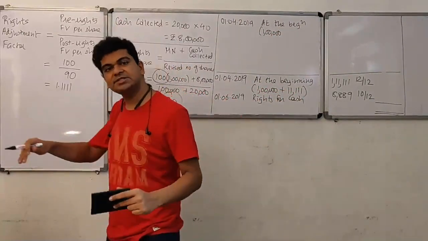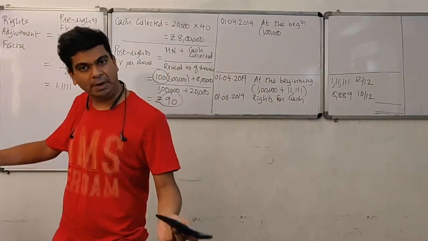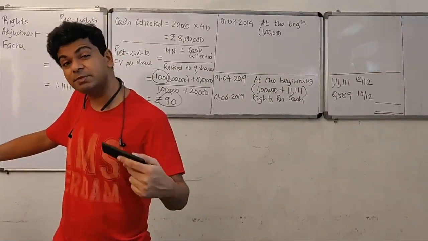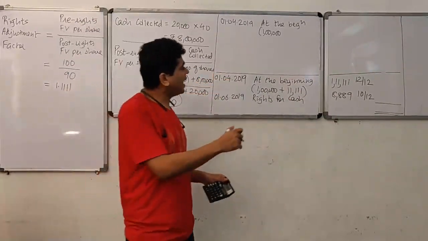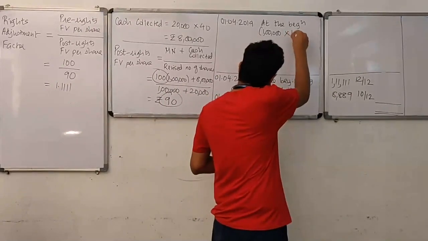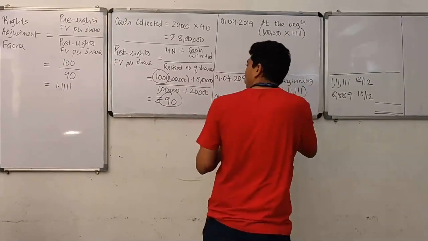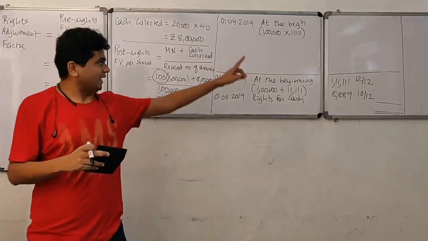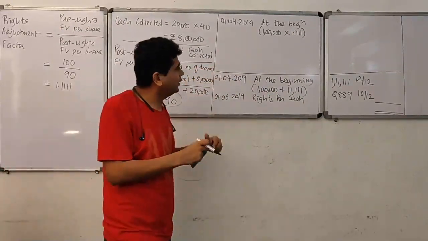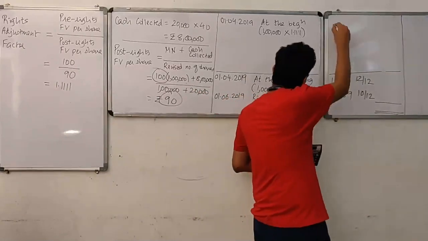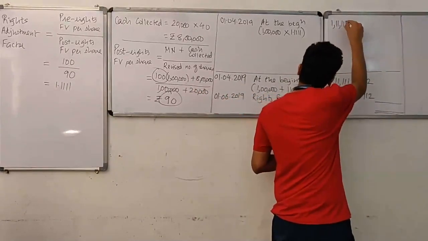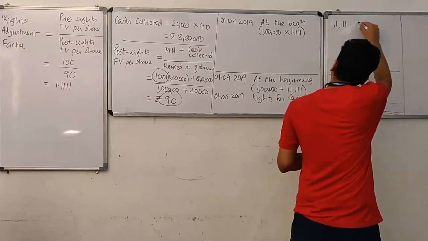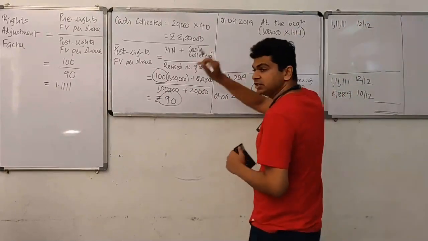The standard says that the shares at the beginning should be multiplied by the rights adjustment factor. So 1 lakh I will multiply with the rights adjustment factor, which in our case is 1.1111. So I say 1 lakh into 1.1111, I get 1,11,111. And of course the time weight is 12 by 12.